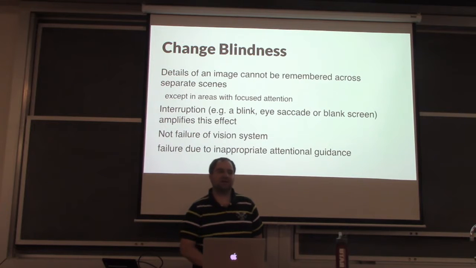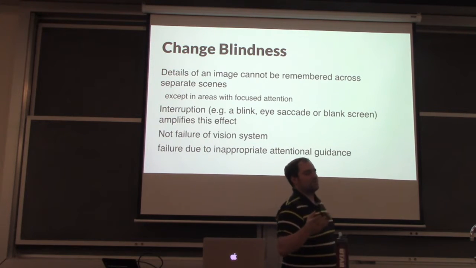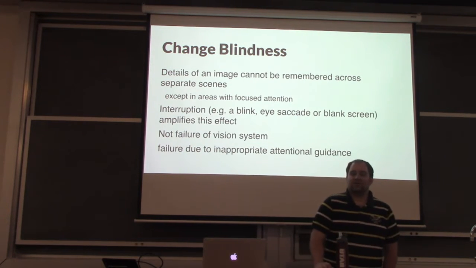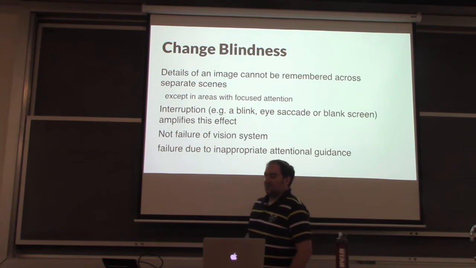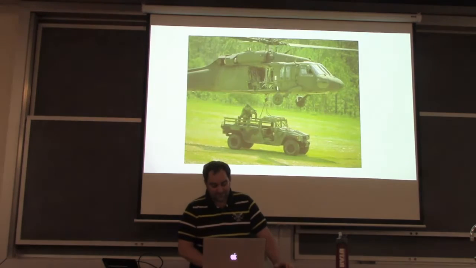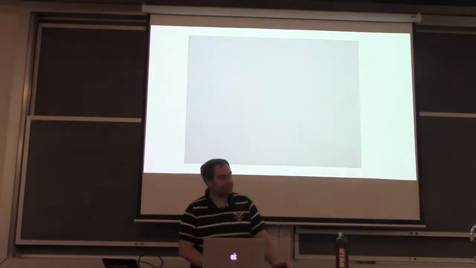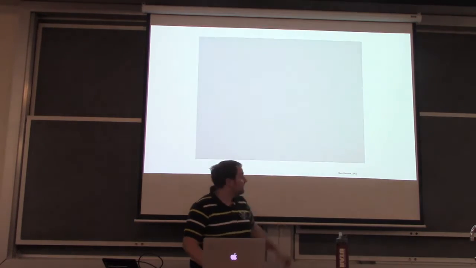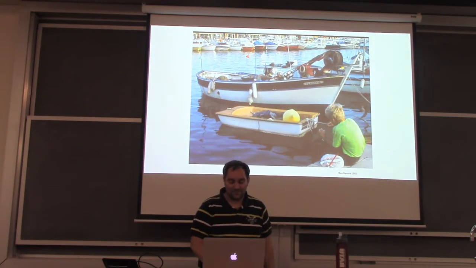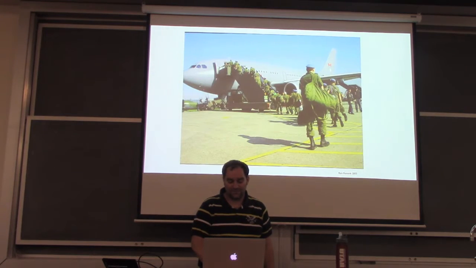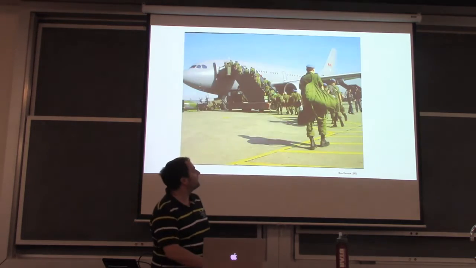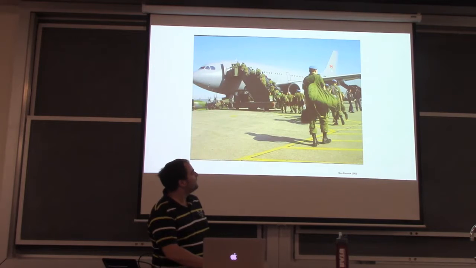So, for example, if you design a visualization system that does some gradual transition, you cannot be certain that a user will notice that. We had these examples with intermittent pictures, and in this case the shadow is missing. In this case the box is missing. And here we are missing the turbine from the airplane.